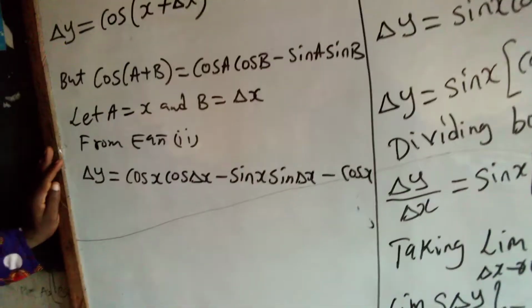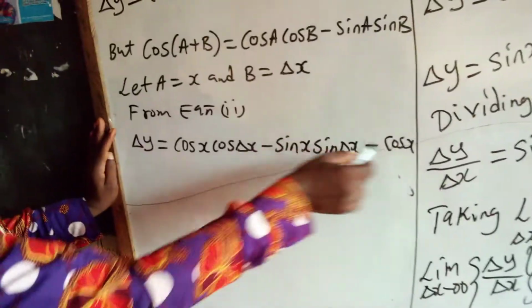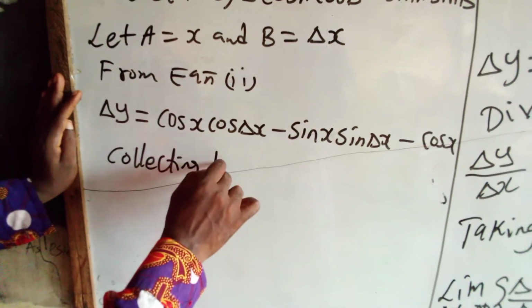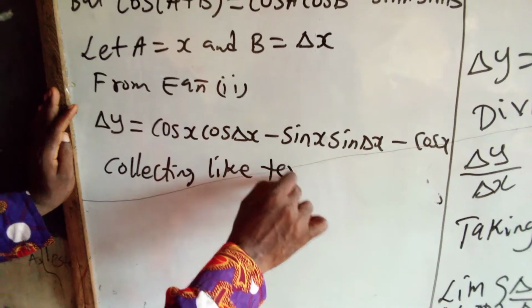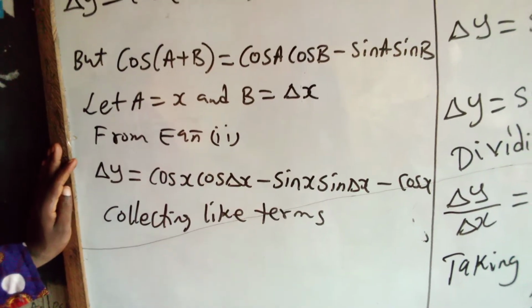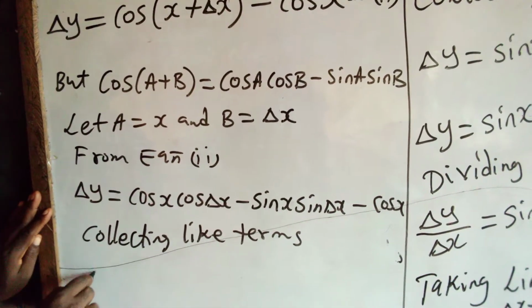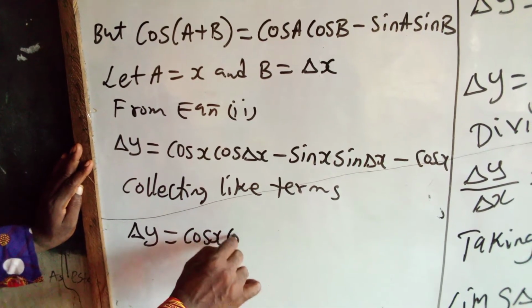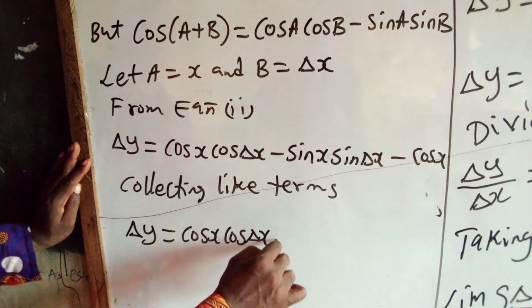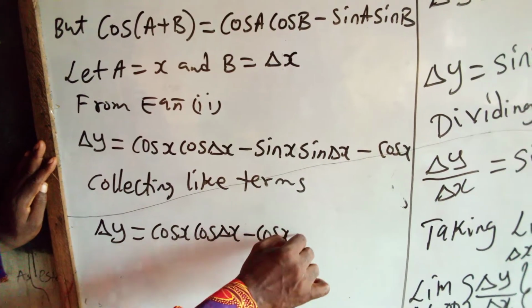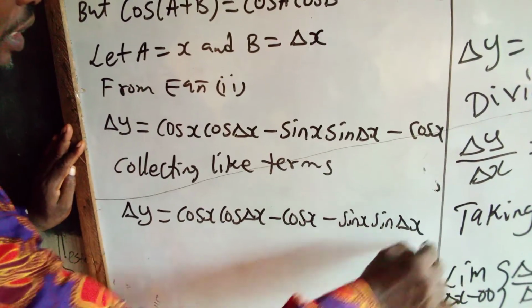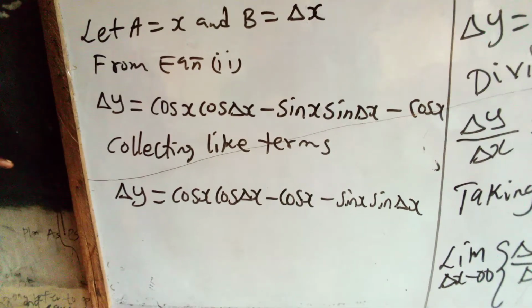At this point, you collect like terms. This and this, they are like terms. So when you collect like terms, you have change in Y will be cos S cos change in S minus cos S, minus sin S sin change in S. What again?